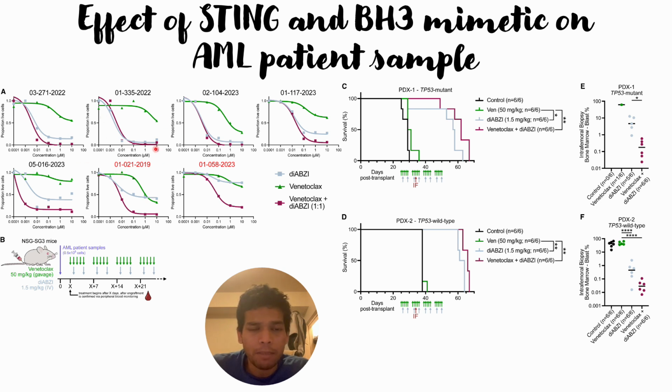The TP53 knockout samples are these bottom two samples, and they treated the mice with diazole, venetoclax, and venetoclax plus diazole in 1:1.